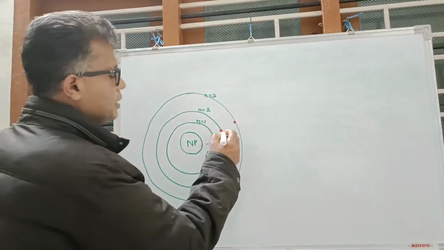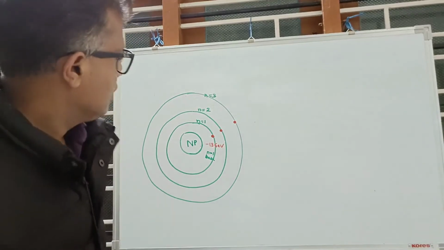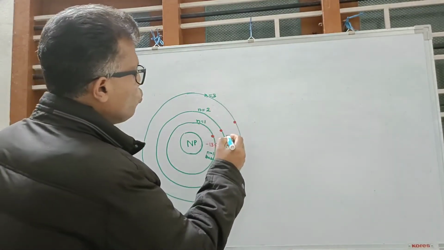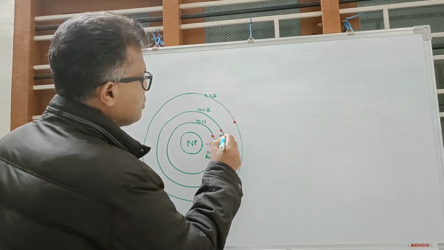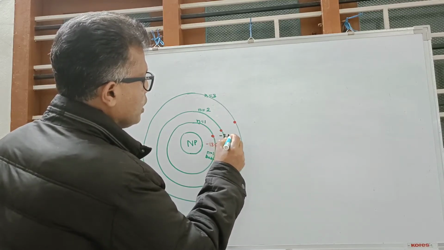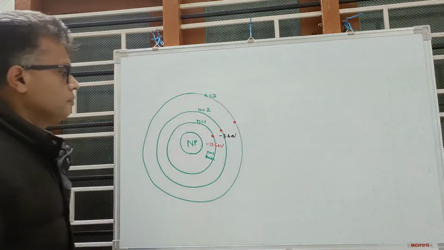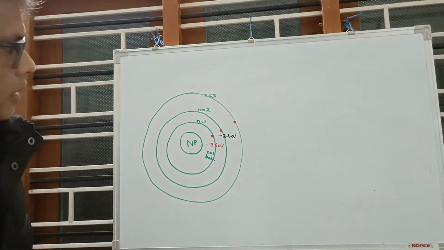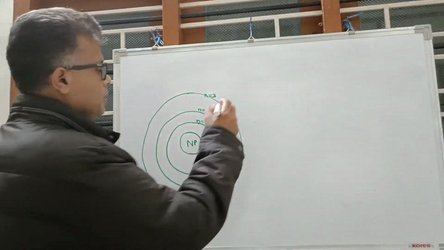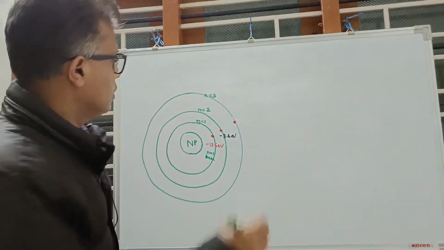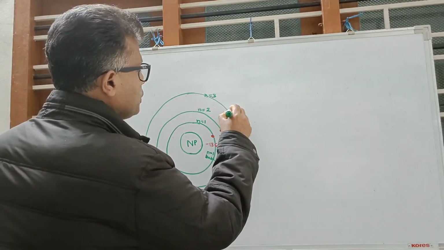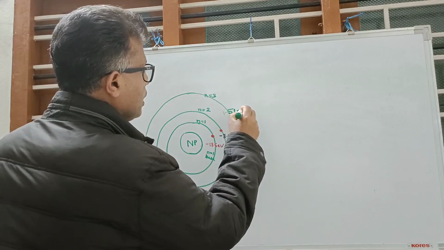If it is n is equal to 2, it is rotating with minus 3.4 electron volt. If it is the third one, it is rotating with minus 1.51 electron volt.